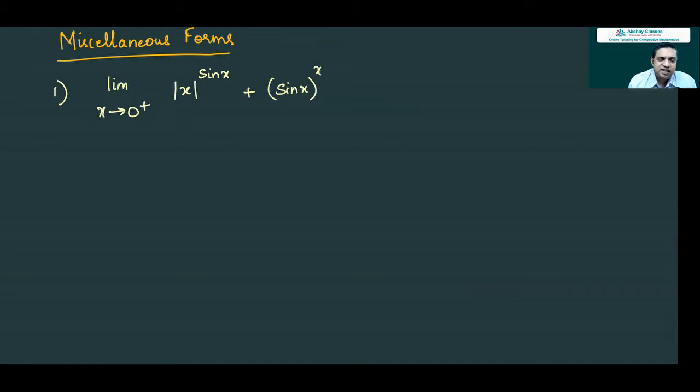Which form is this in? Now this is some indeterminate form plus an indeterminate form. We can easily split this into two limits. Now tell me which form is this in? Each of these.